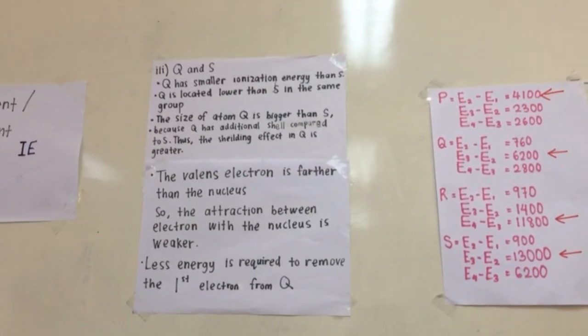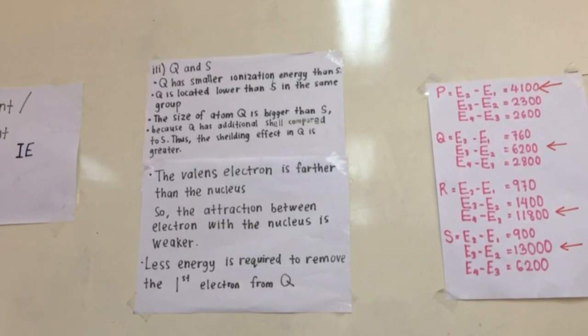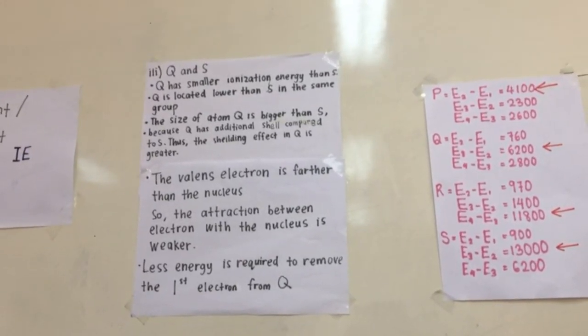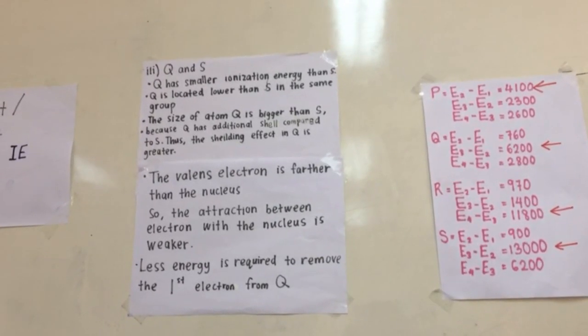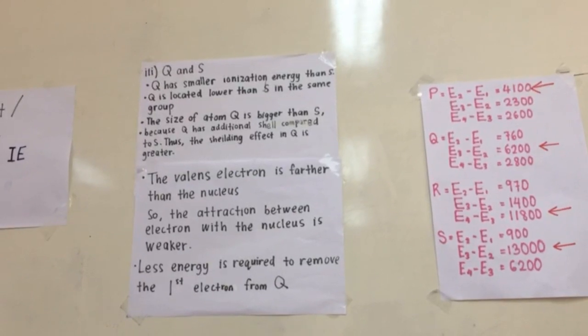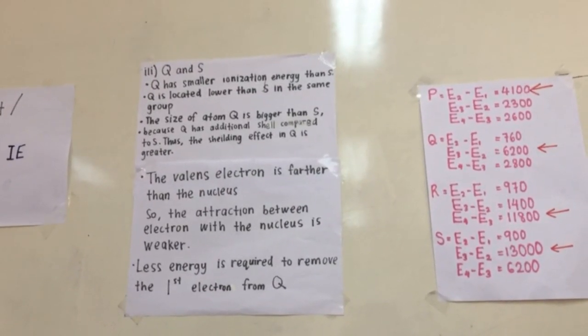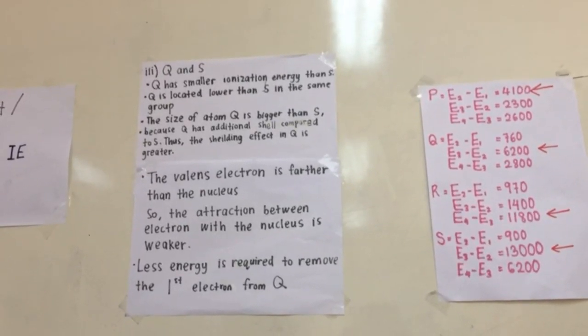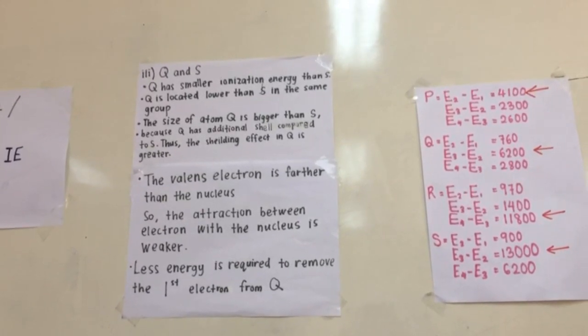The size of Q is bigger than S because Q has an additional shell compared to S. Thus, the shielding effect in Q is greater. The valence electron is farther from the nucleus, so the attraction between the electron and the nucleus is weaker. Less energy is required to remove the first electron from Q.